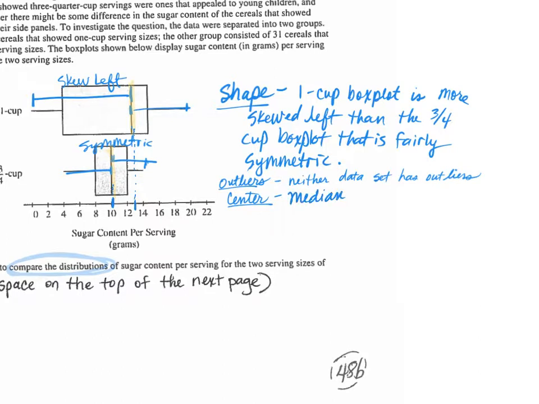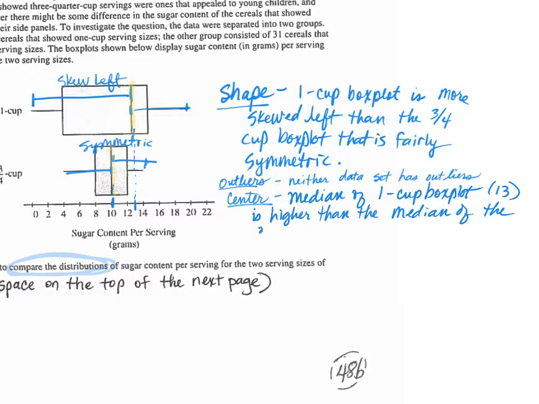One cup has a higher median. Good. The median of the 1 cup box plot, which is 13, is higher than the median of the 3/4 cup box plot, which is 10.